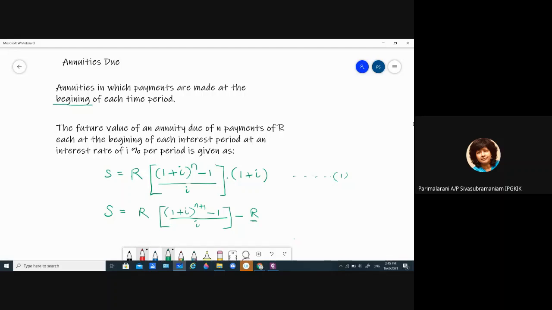You can use either formula 1 or formula 2. I prefer to use formula 1. Both formulas will give you the same answer. So this is annuities due, to find the future values of annuities due.